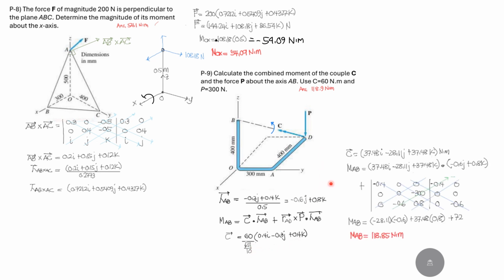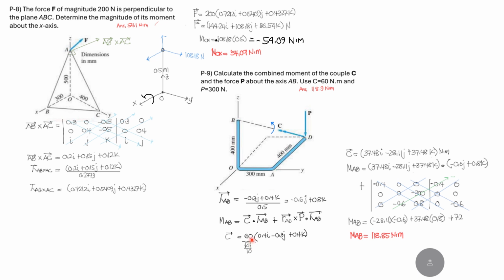Then simplifying that value, 60 times 10 is 600, 600 times 0.4 over square root of 41 is 37.48i. Then 600 times negative 0.3 over square root of 41, that's negative 28.11j.